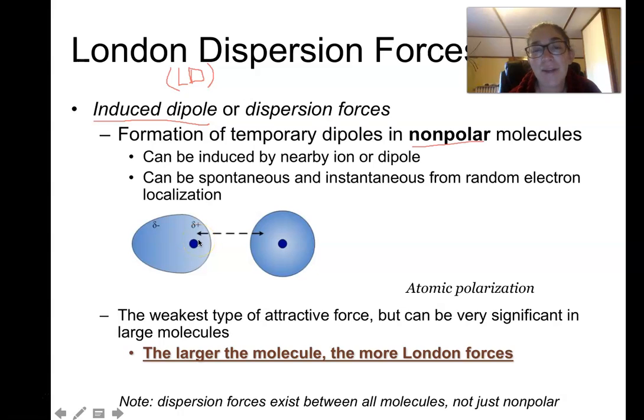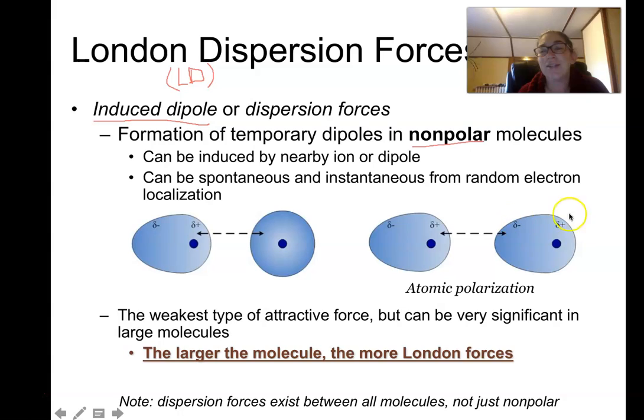And then what you end up with is a slight, very tiny little dipole in this atom where it's partly negative and a little bit more positive near the nucleus. And then when that happens, that partial positive charge is going to attract electrons from the cloud of the neighboring atom, and that will induce a dipole in the neighboring atom.